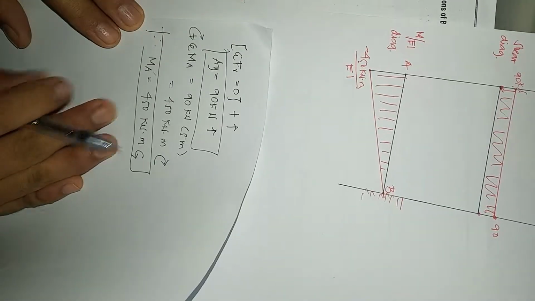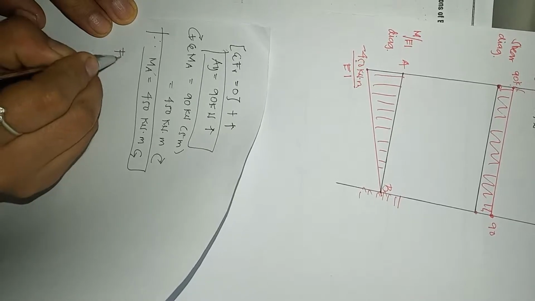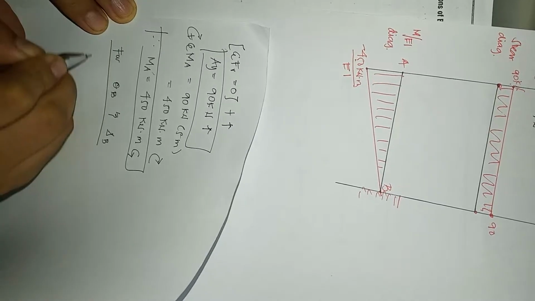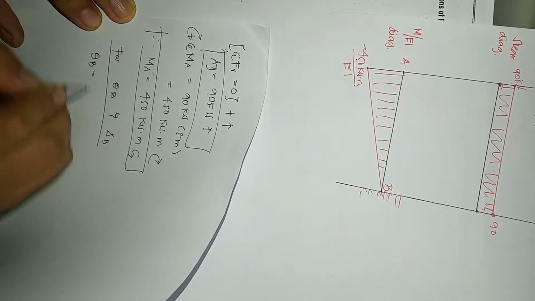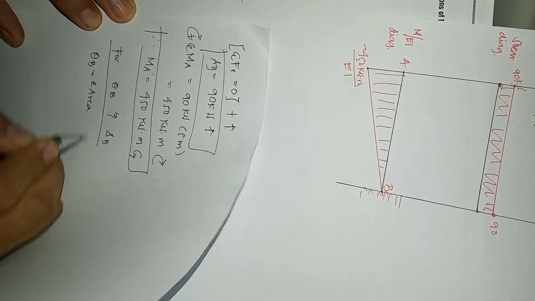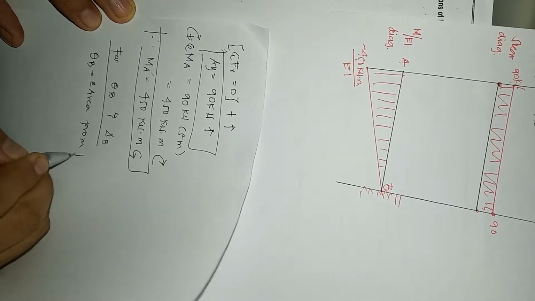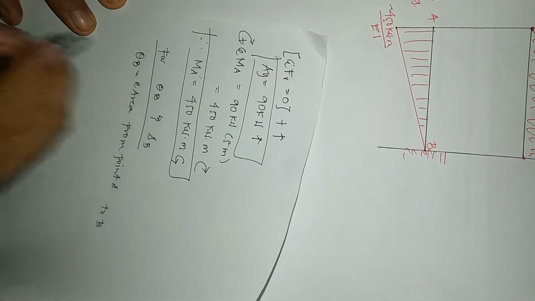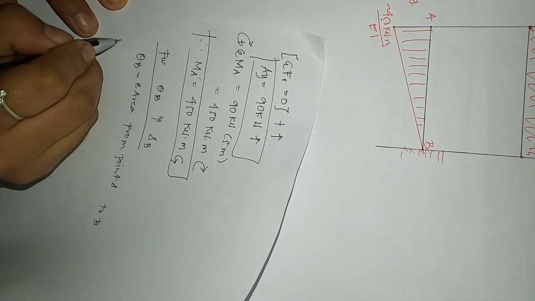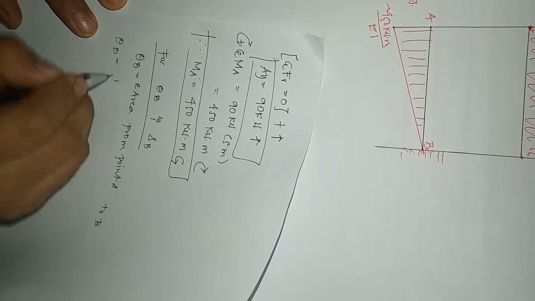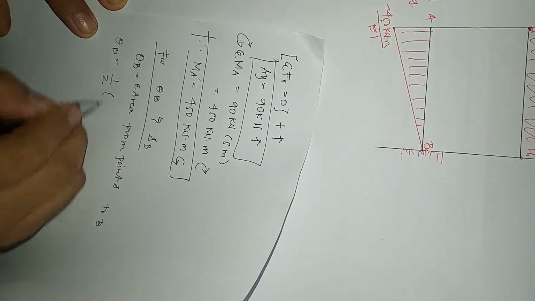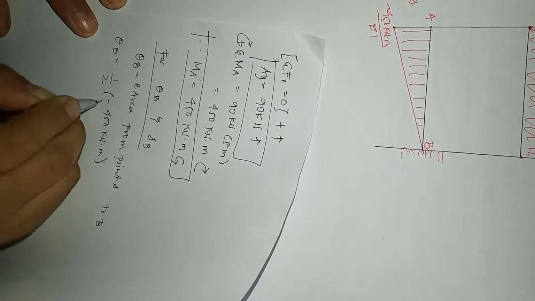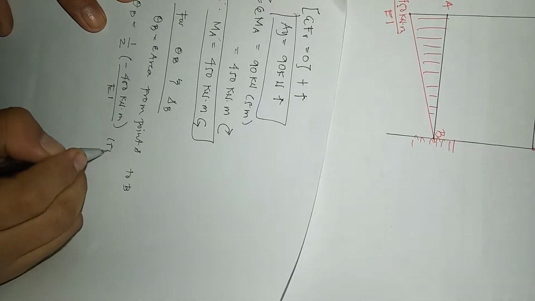So for theta B and delta B. So theta B is equal to the summation of area from point A to B. So we have the area, theta B is equal to 1/2 of negative 450 kilonewton meter over EI times the distance of 5 meters.